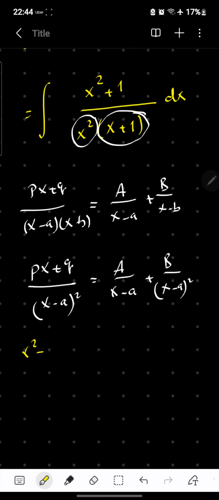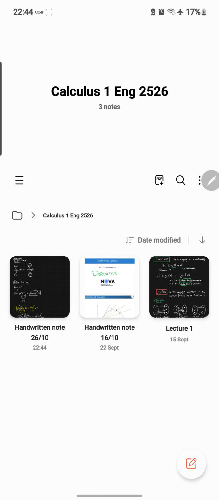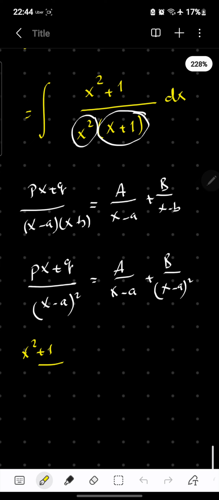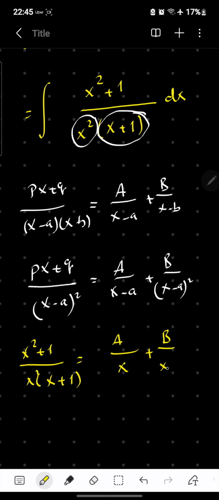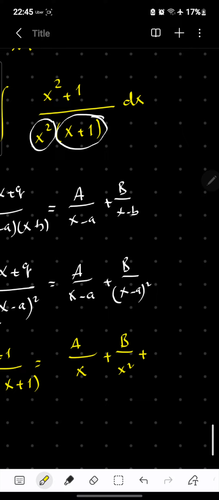So x squared plus 1 over x squared times (x plus 1). Since we have x squared, it will be a over x plus b over x squared plus c over x plus 1.